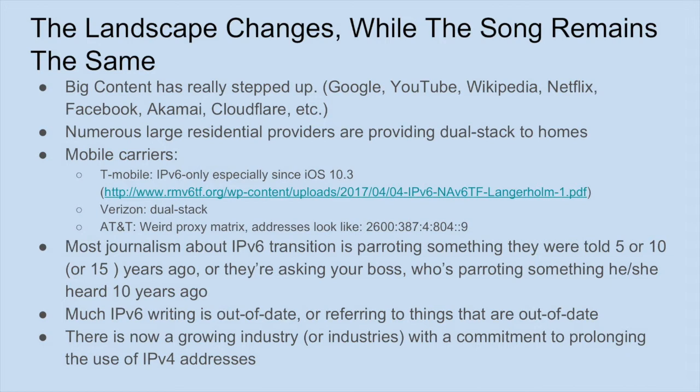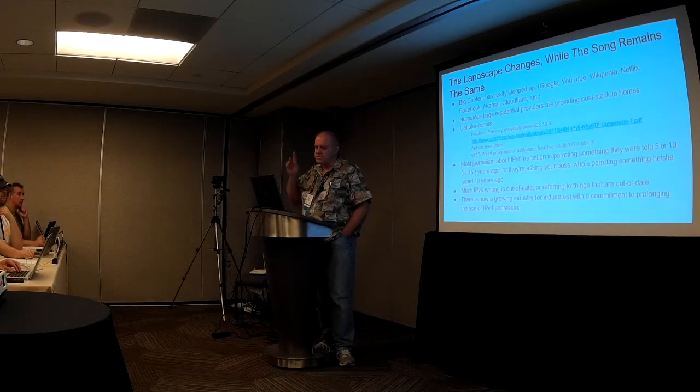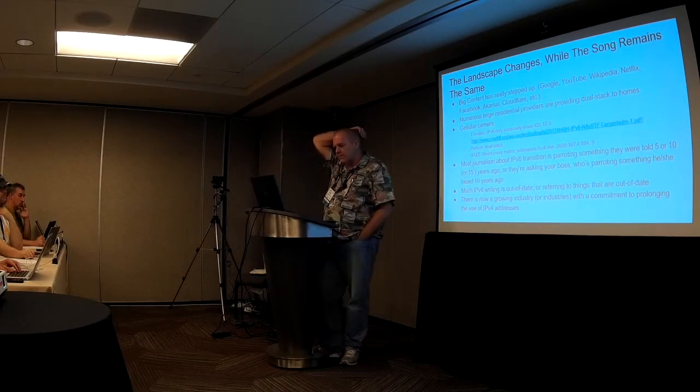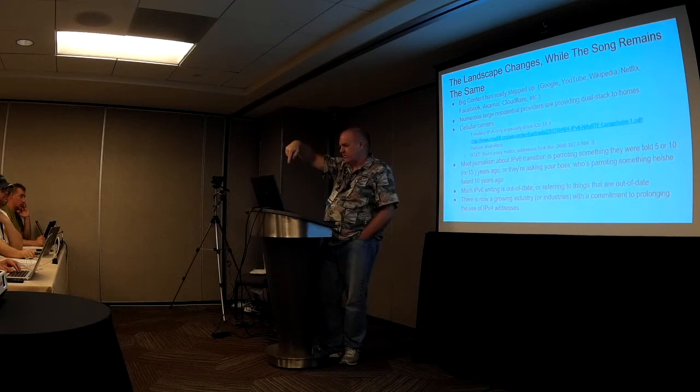So that's out there. Cellular carriers are another place. Cellular isn't really the right word. Mobile carriers. T-Mobile, I did send out one T-Mobile talk, actually the same talk that's in this PDF that's in the slide.